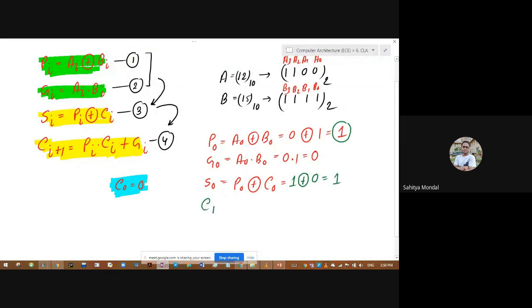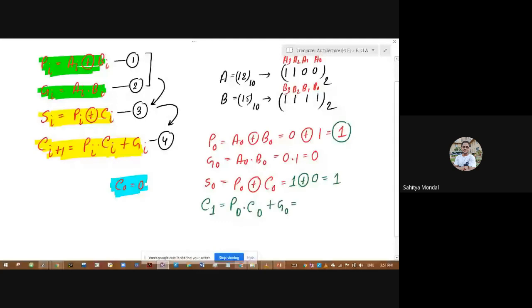Next is C1. If i equals 0, Ci plus 1 will be C1. So what will be C1? C1 will be P0 and C0 or G0.